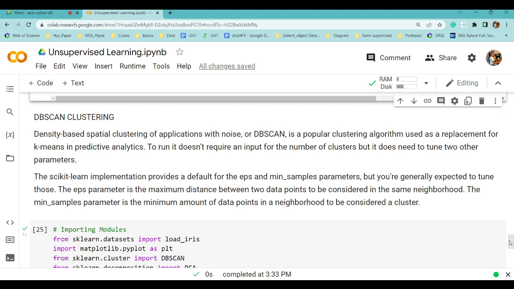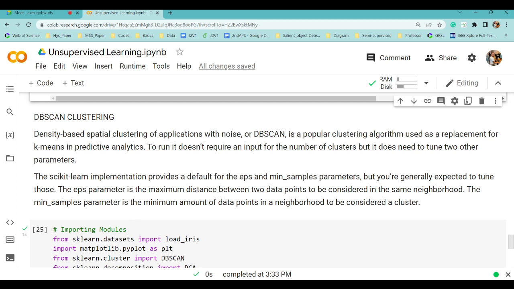It doesn't take the number of clusters, but two different parameters which need to be tuned, both related to distance. One is the eps parameter, which is the maximum distance between two data points to be considered in the same neighborhood.